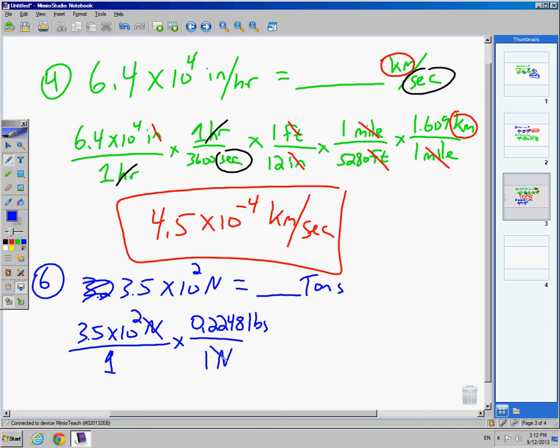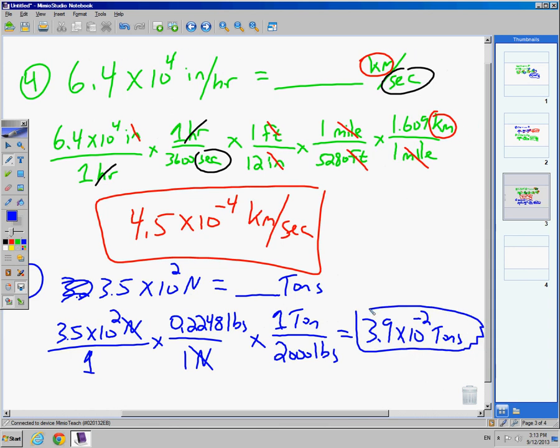My newtons cross off. I'm in pounds. So then I know, according to the conversions, that there are 2,000 pounds in 1 ton. Doing the math, I have an answer of, in scientific notation, 3.9 times 10 to the negative 2 tons. Hopefully that helps.